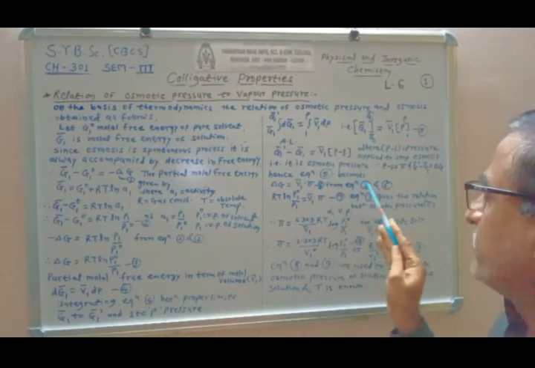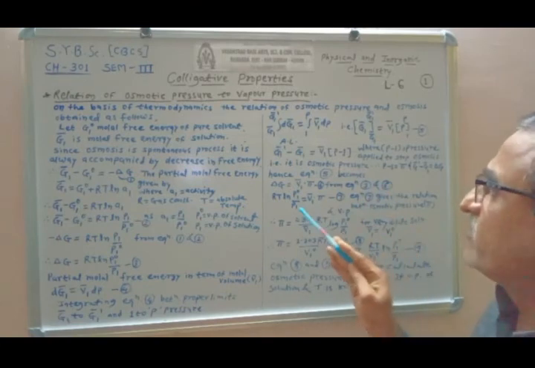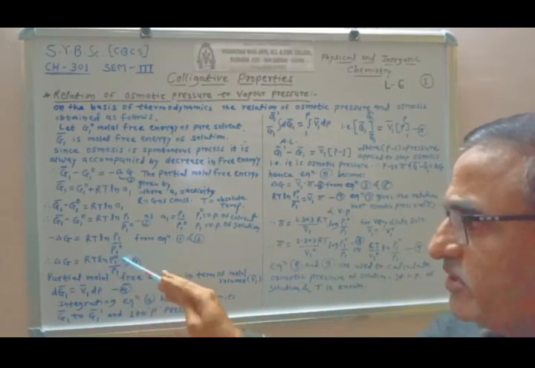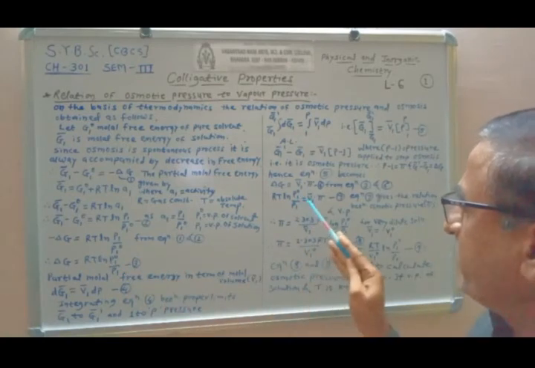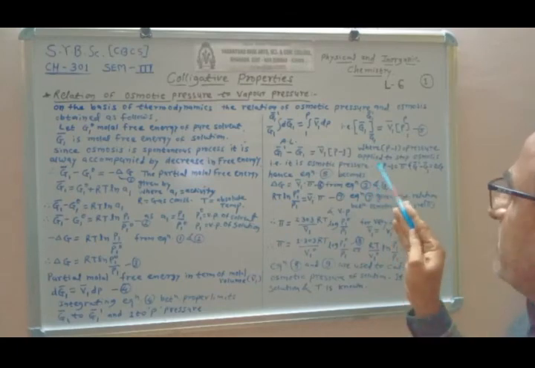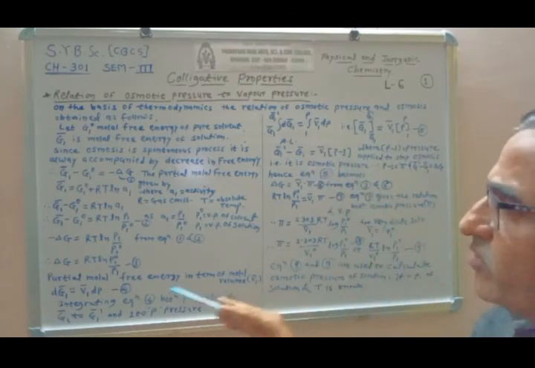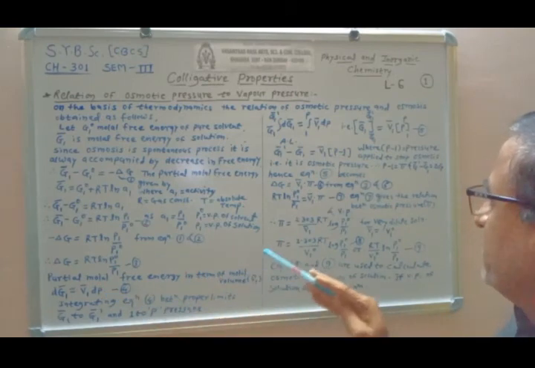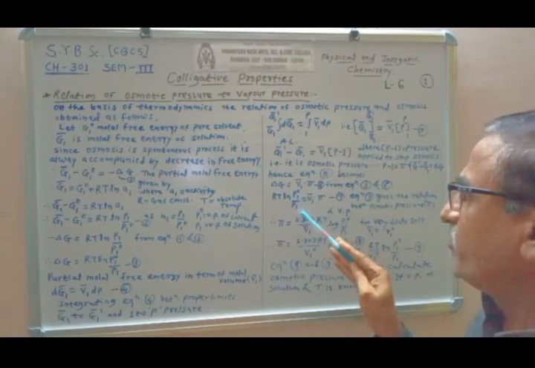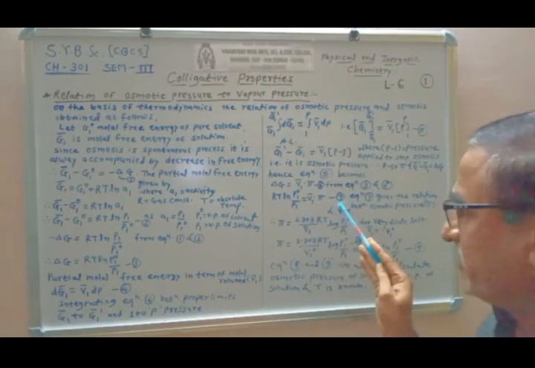So from equations 3 and 6 we have the relation. Equation 3 is delta G is equal to RT ln of P1 0 upon P1, and equation number 6 we obtained here. Comparing equations 3 and 6, we get RT ln of P1 0 upon P1 is equal to V1 into pi, equation number 7.